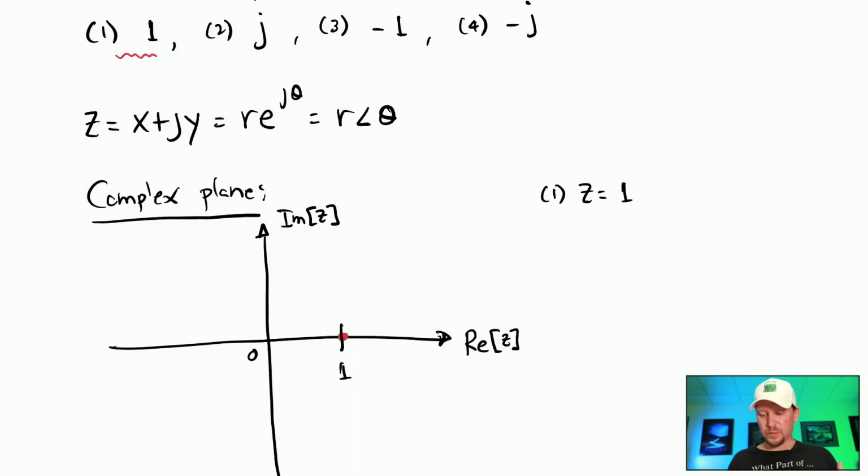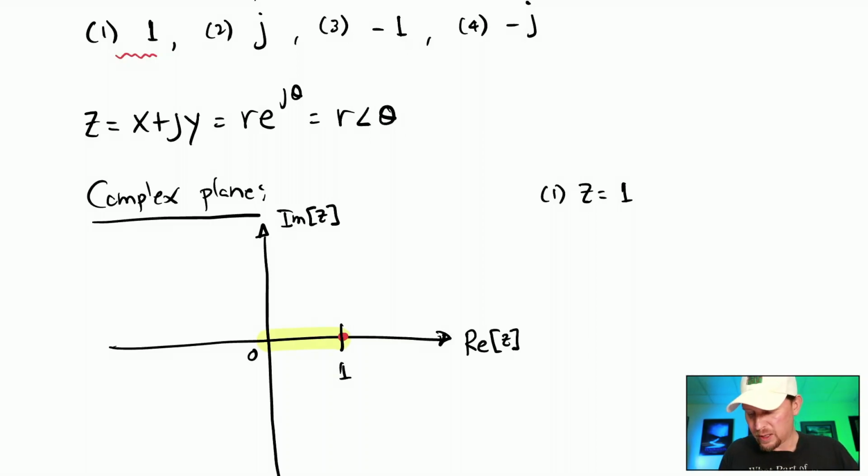Now, notice that there is also a magnitude that this actually has, right? So if I start at 0 and I go all the way out to 1, right, I've traveled a distance of 1. And from the positive real axis, notice that I've traveled through an angle of 0.